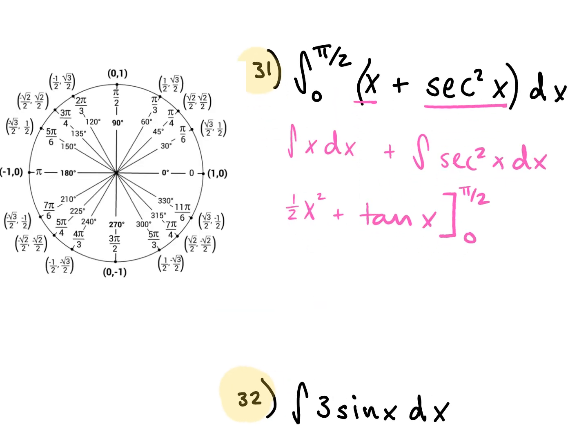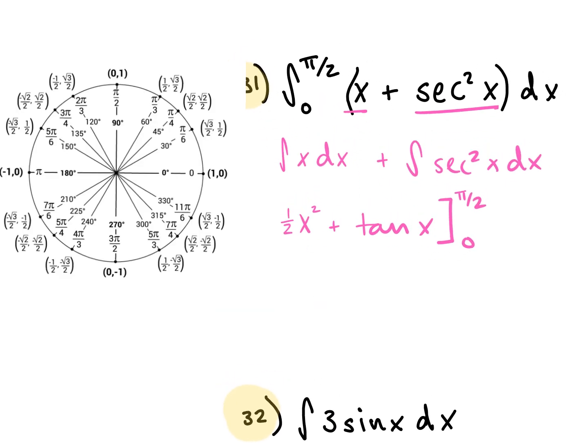All right, so first thing we want to plug in is the top number. So we're going to plug in pi over 2. So this would be 1/2 times pi over 2 squared plus tangent of pi over 2, minus, then we can plug in 0.